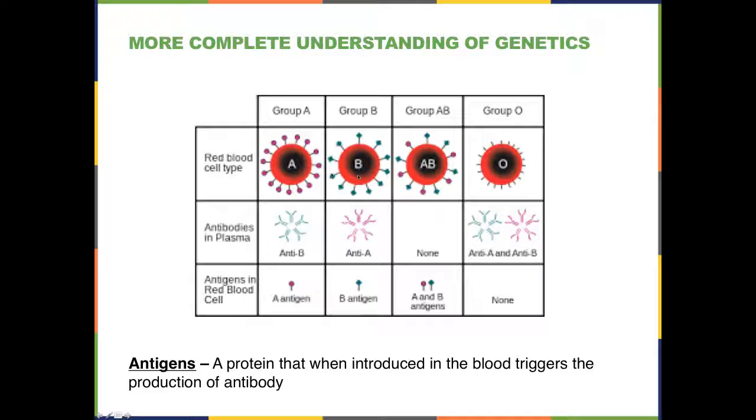However, if you give any of these to this person, they will attack it. The antigens present are none, so they can donate to others. Every blood bank has 2 units of type O blood available in case somebody comes in and needs a transfusion and cannot be typed in time.